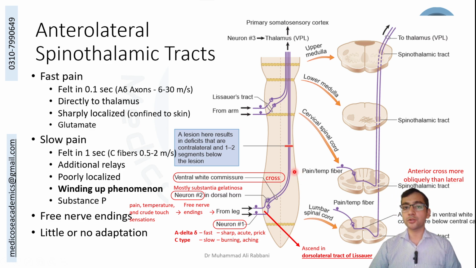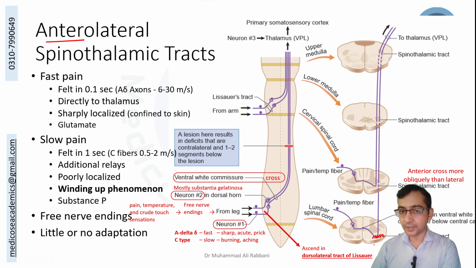After crossing to the opposite side, it will run up in the white column. Which white column? We had the posterior white column, the lateral white column, and the anterior white column. That depends upon the name of the tract again. In the anterior spinothalamic tract, the axons travel in the anterior white column.